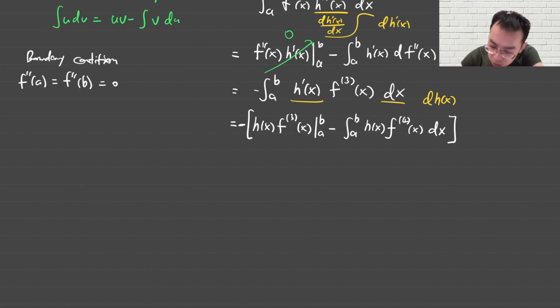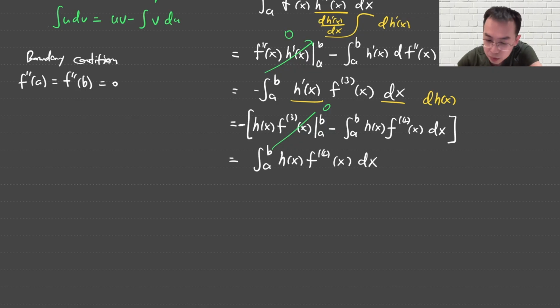So here, this term is also going to go to 0 because the second derivative is 0 at a and b, so that means there will not be any third derivatives for this as well. So now all we are left with in the end is integral from a to b, h of x, f first derivative of x dx.